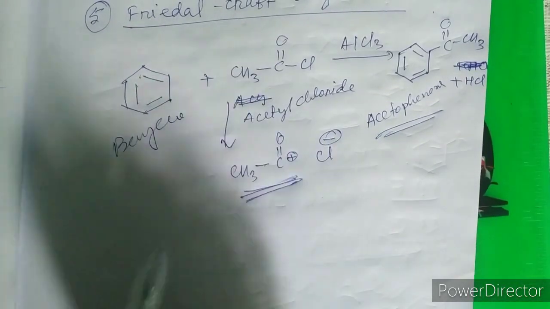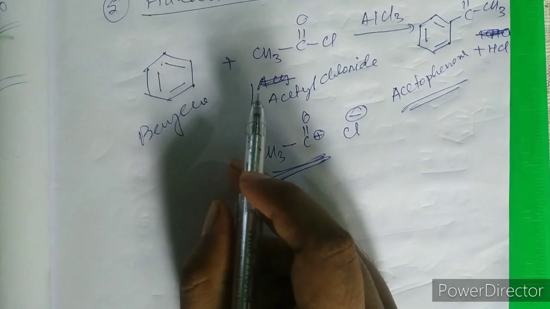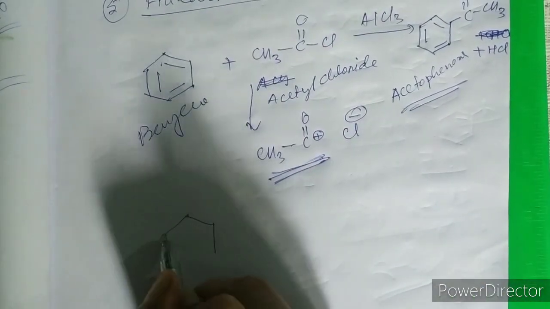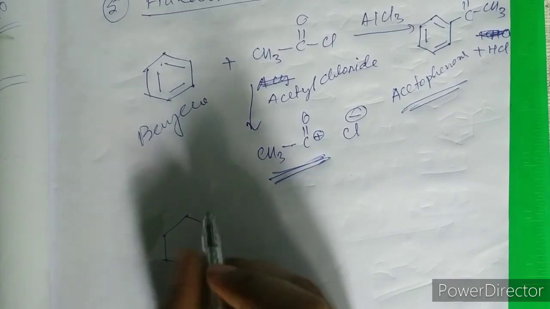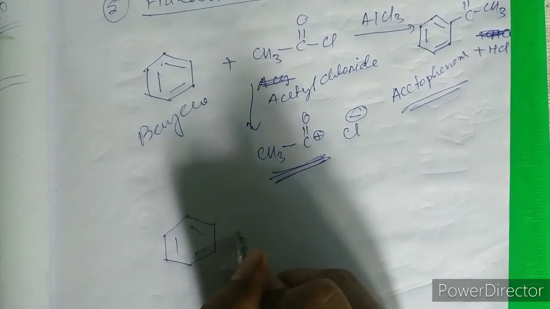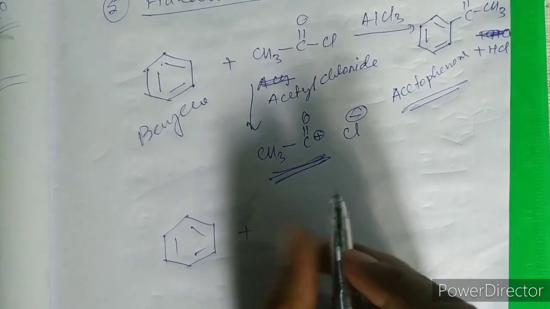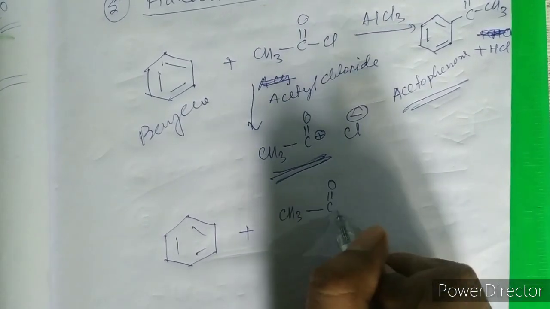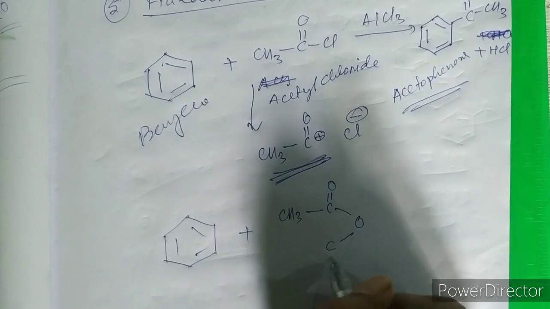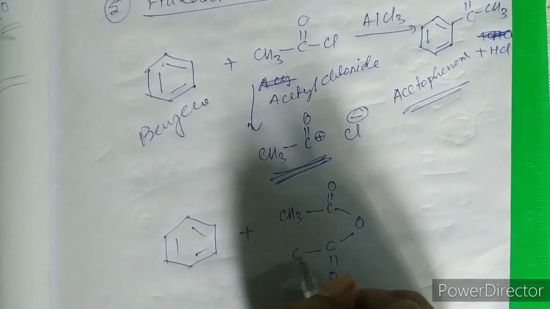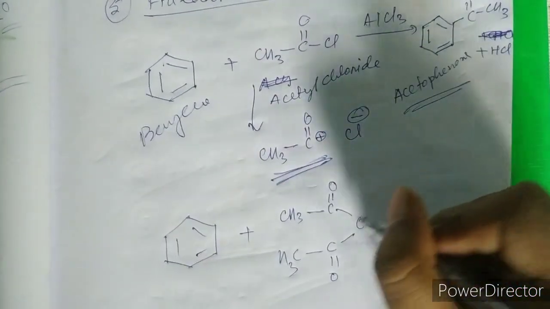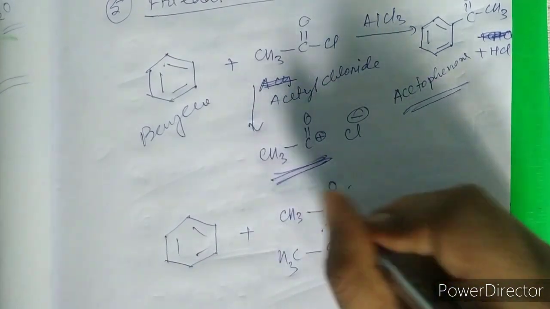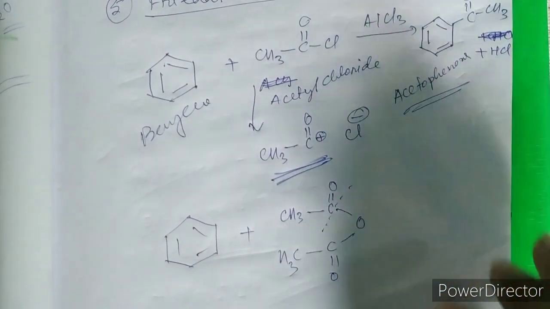Okay, but what about this acyl chloride? If we take some other reactant instead of acetyl chloride, we may get the same product. Like benzene, we may take, and if we take here an acid anhydride, that means CH3 CO, from here also this portion will leave as a negative ion, and this portion is going to act as an electrophile.